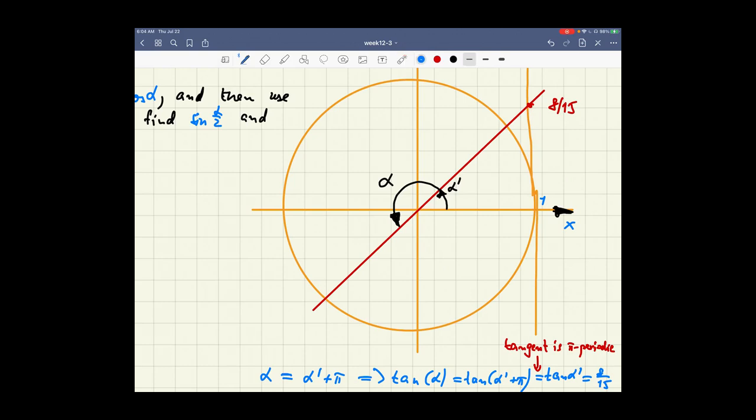And now if we look at this triangle, where we know this side is cosine alpha prime, and this side is sine alpha prime.